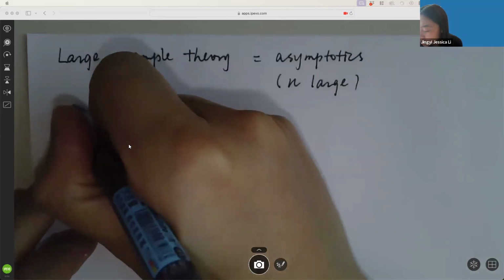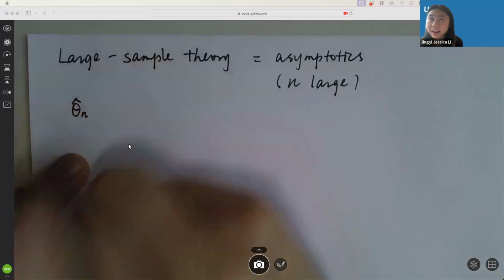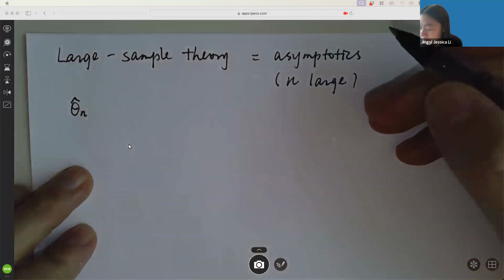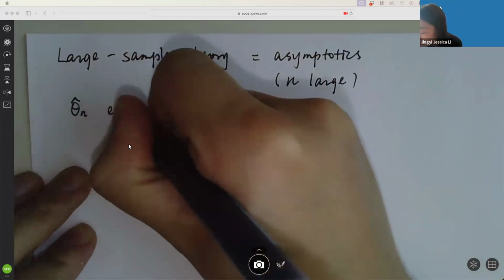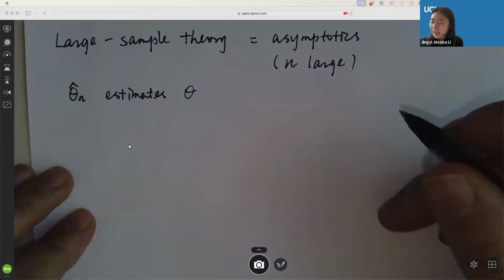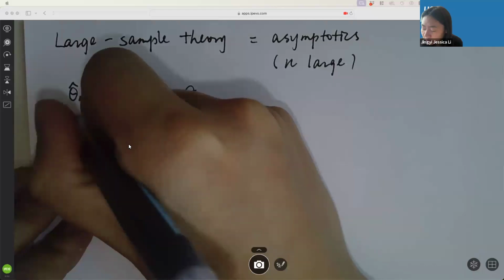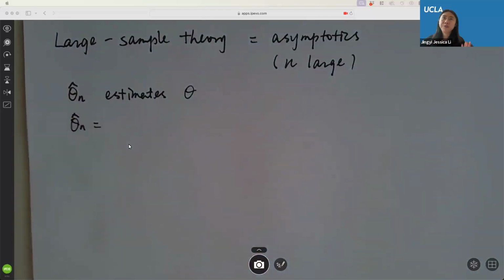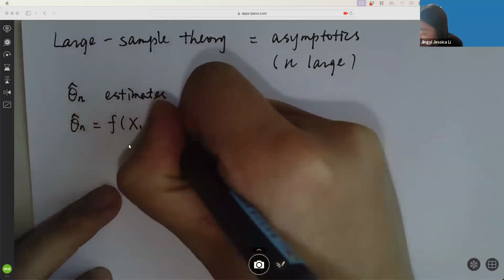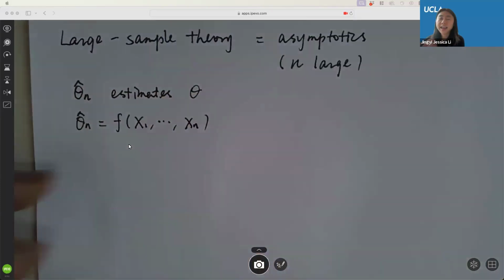So therefore, the statistics we study, usually we refer to that as theta hat n, which is an estimator of a true parameter theta. This theta hat n itself is just some function of our sample, and our sample, we can refer to them as x1 to xn of size n.